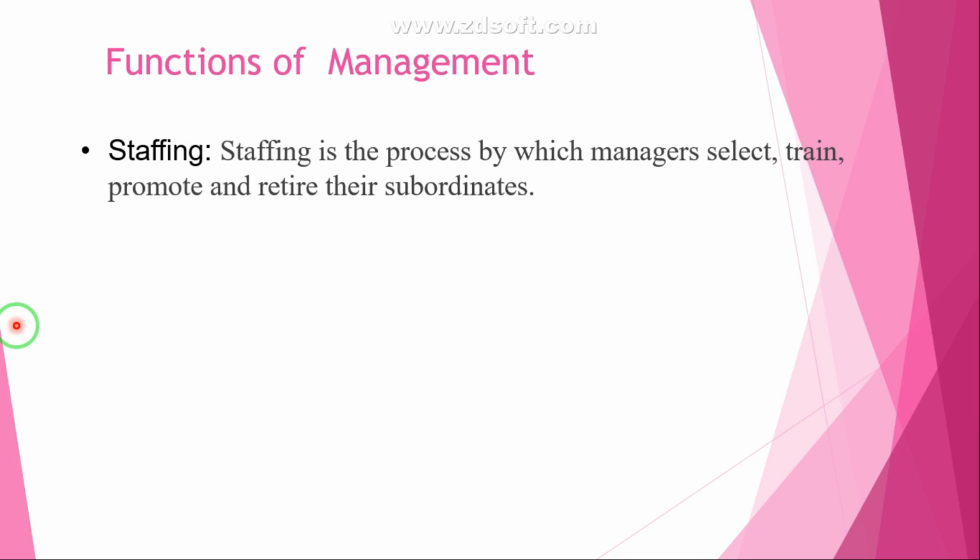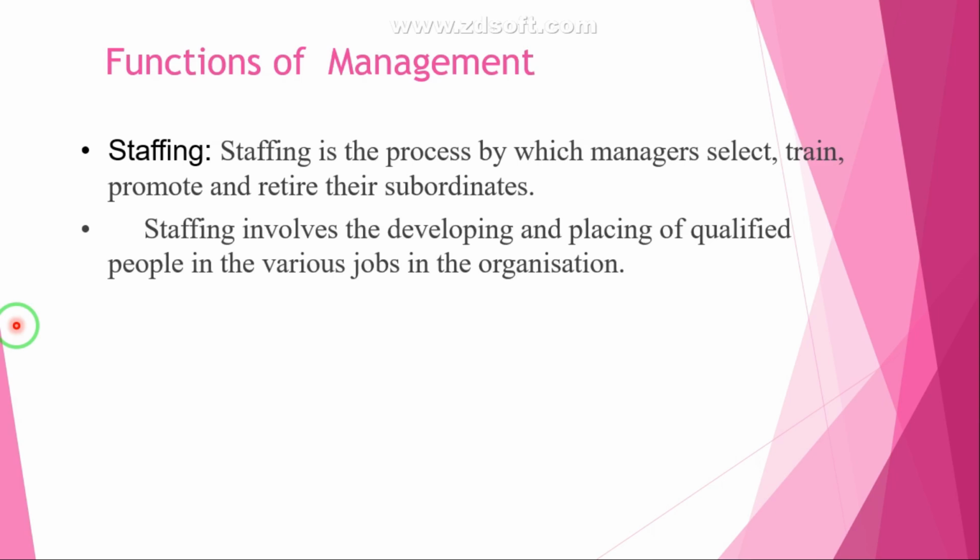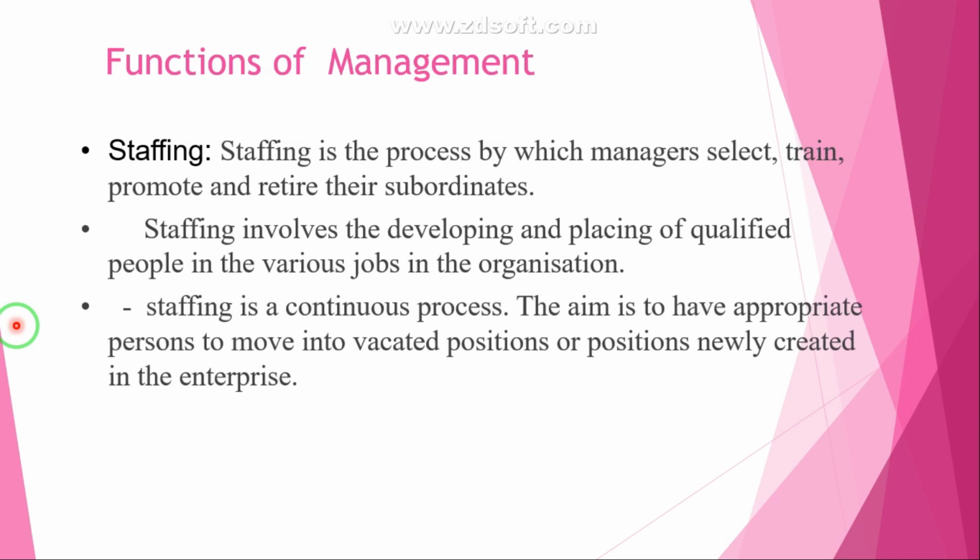So what is staffing? It is a process by which managers select, train, promote, and retire their subordinates. Staffing involves developing and placing qualified people in the various jobs in the organization. It is a continuous process.